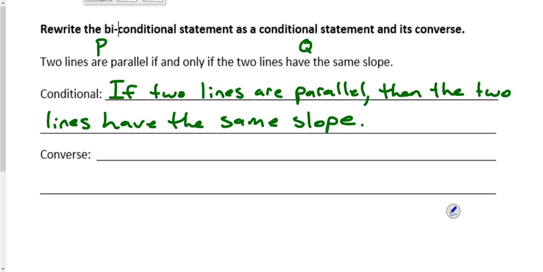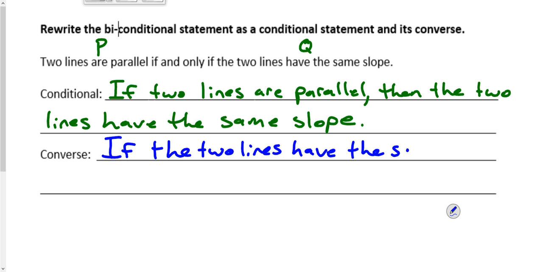Then for the converse, we need to switch P and Q in the if-then statement, switching the hypothesis and conclusion, and say if the two lines have the same slope, then the two lines are parallel.